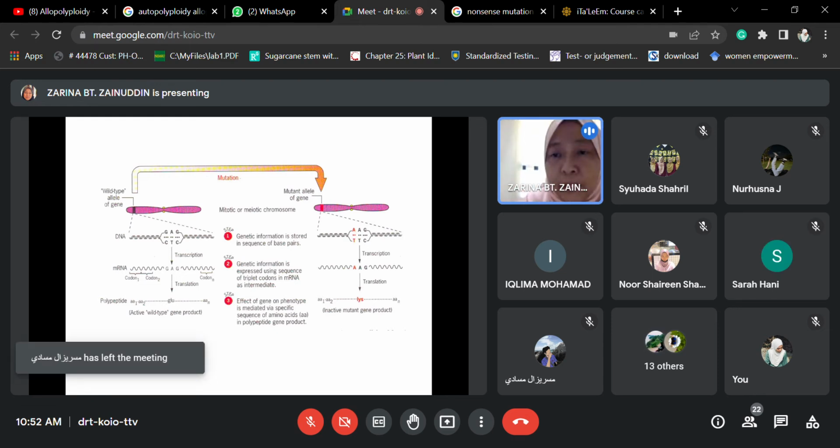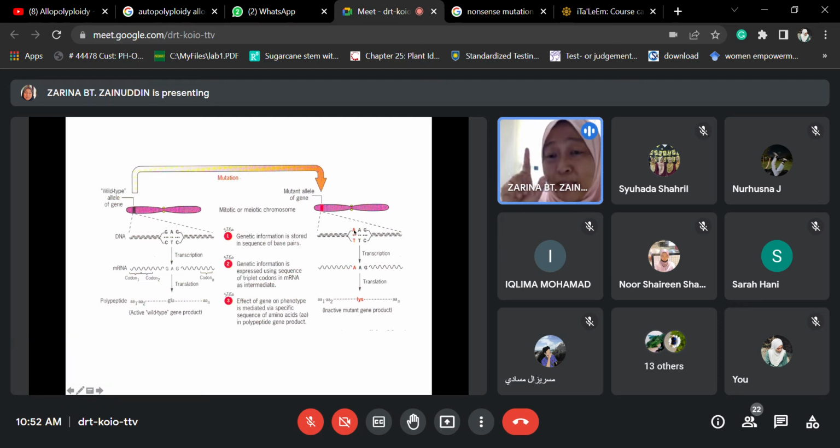Okay, for example, in this mutant gene, it is just one nucleotide change, you can say, from G to A. So when it is transcribed, it becomes different, AAG, and initially in the wild type, this codon sequence produces glutamine. But in the mutant, even a single nucleotide change causes a change to the amino acid.